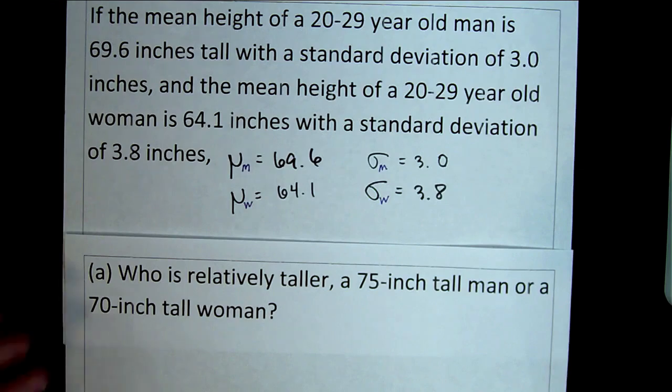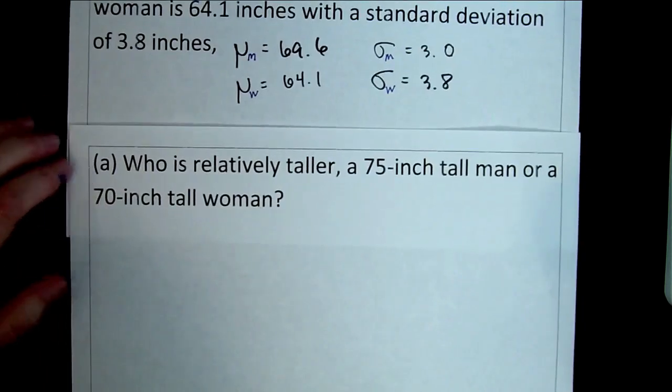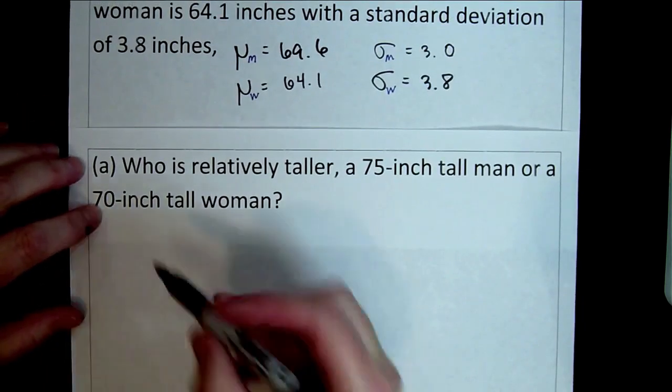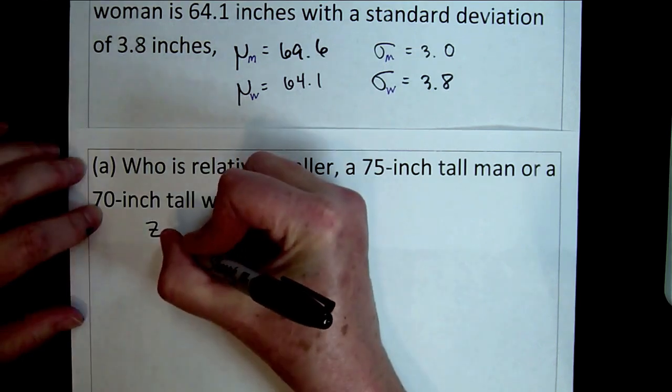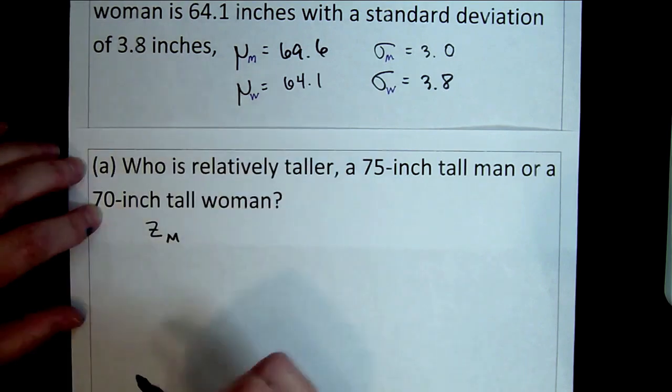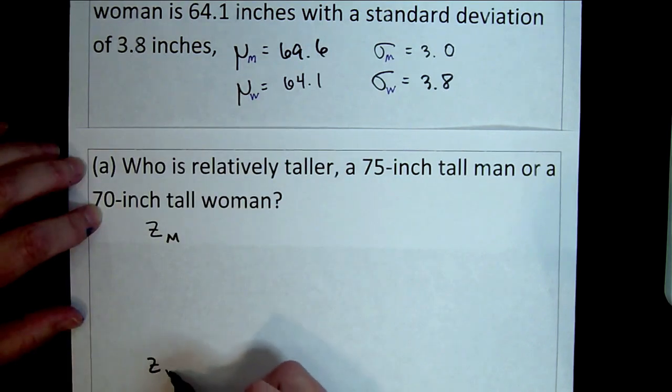Going on to part A: who's relatively taller, a 75-inch man or a 70-inch woman? I need to compare these heights, so I need the z-scores for each of them, and I'm going to use subscripts again: z-score for the man versus z-score for the woman.